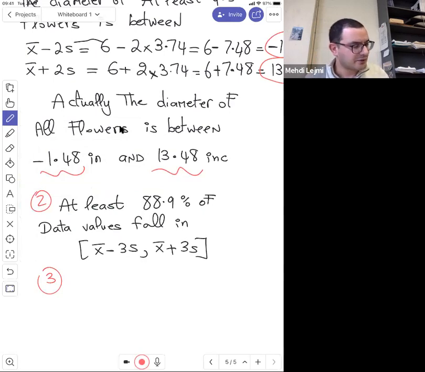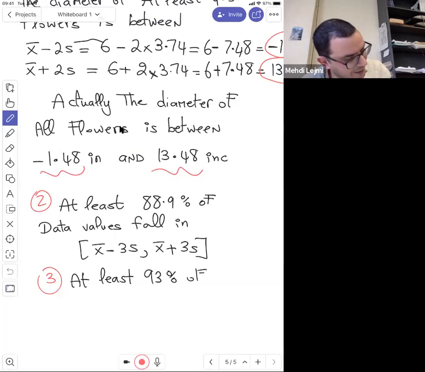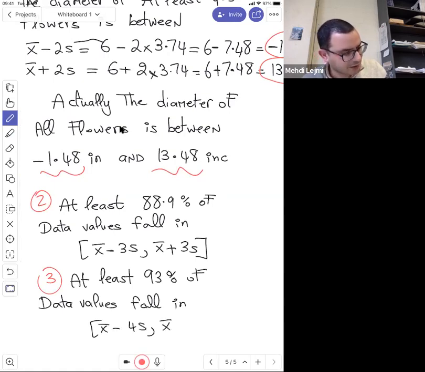I didn't write the theorem. Using the theorem, you can show that at least 93% of your data values are going to fall in the interval X bar minus 4s and X bar plus 4s.